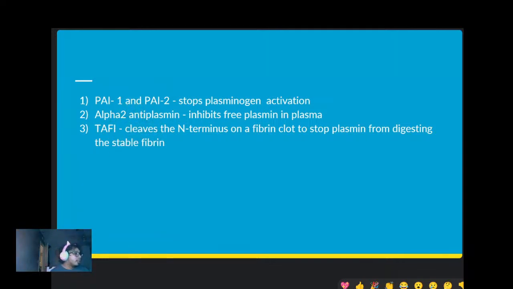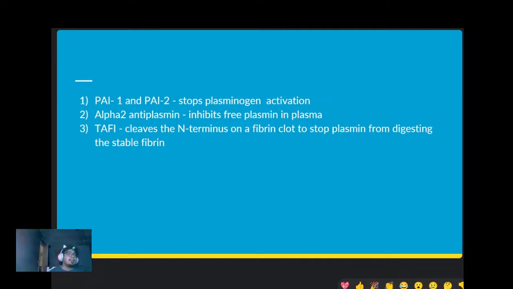Alright. So we have what you call plasminogen activator inhibitor. There are two types of it, 1 and 2. Type 2 is important for obstetric cases, so if you want to be a doctor, especially an OBGYN, you need to remember it. But PAI-1 is the important one for us because it stops plasminogen activation.